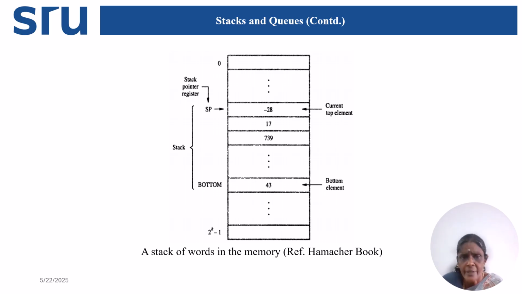And the diagram shows the bottom is 43 and the top is minus 28. So the current top element is minus 28, the next ones are all empty, but the address starts from the top. So if it is moving up, then the stack pointer memory address will be in decreasing order.